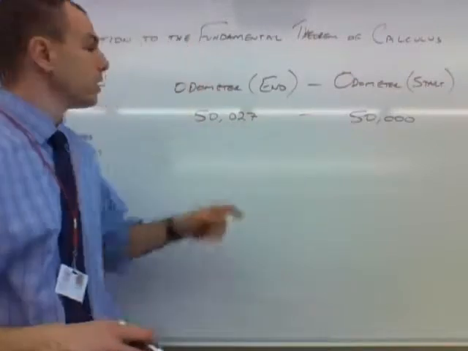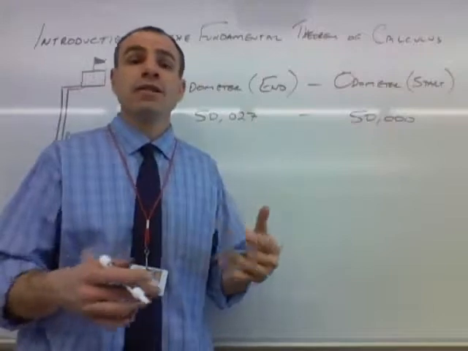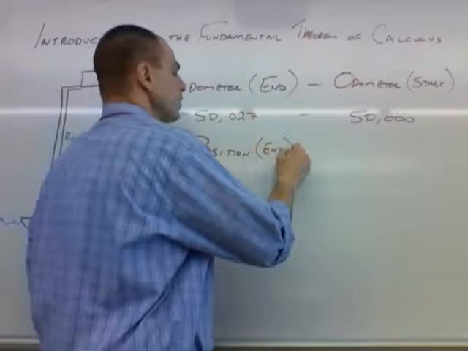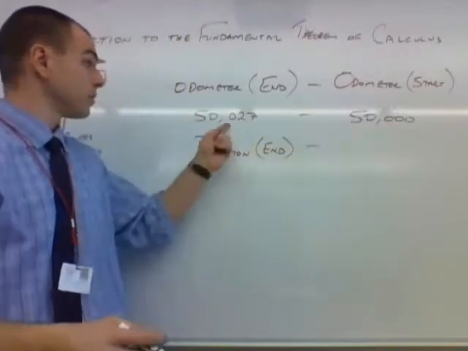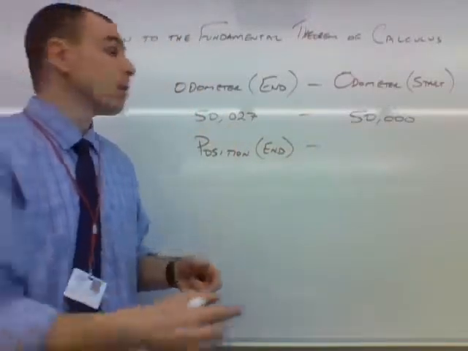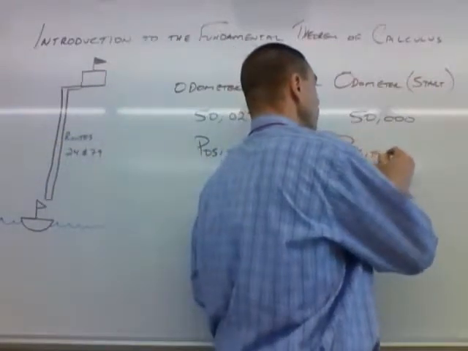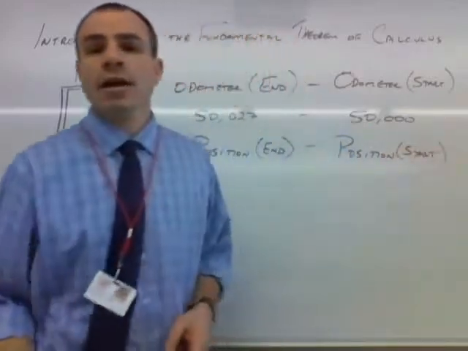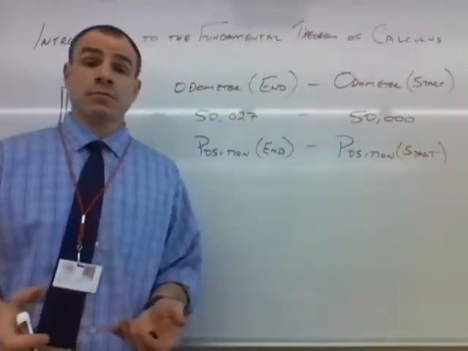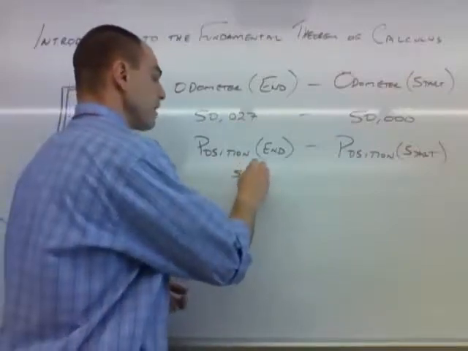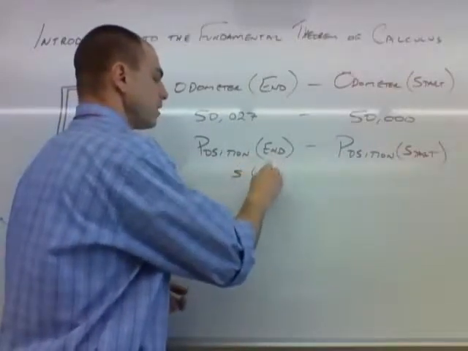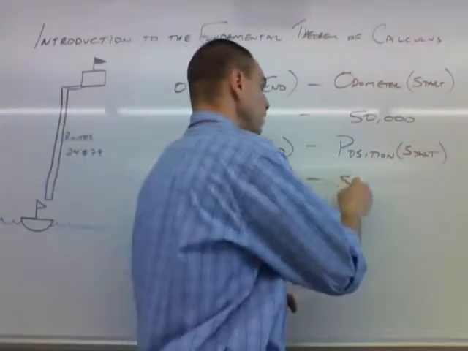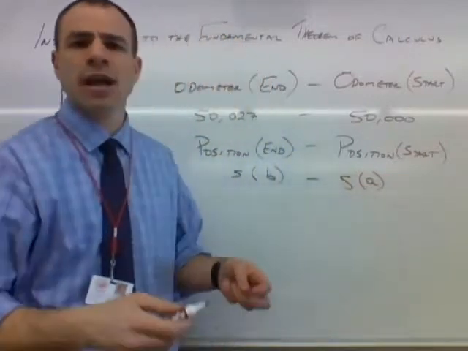Now, the value of the odometer is another way of saying the position of the car. So we want the position of the car at the end of the trip, 50,027 miles, minus the position of the car at the start of the trip. We know the position function is S. Let's call the ending time B, so S of B minus the position at the start, and you can maybe see where we're going with this.